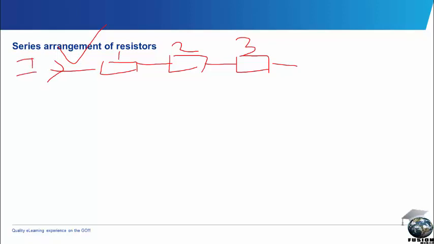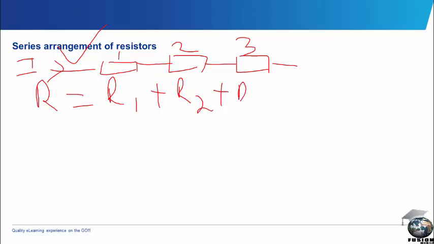Once the same current is passing through resistors, we'll say that those resistors are in series. And the mathematical formula to take care of this says that the total resistance R will be equal to R1 plus R2 plus R3, depending on the number of resistors given to you.